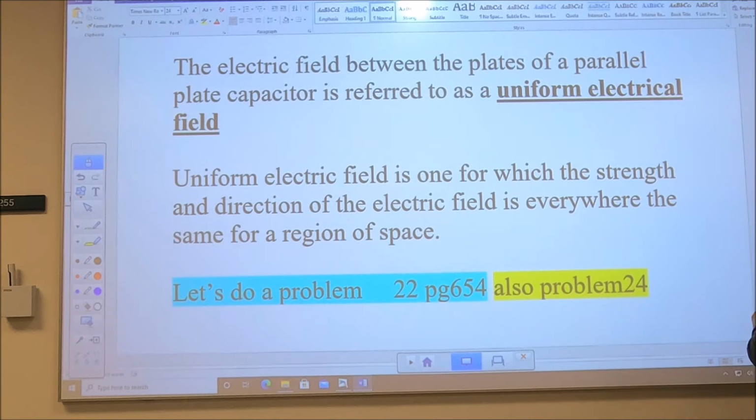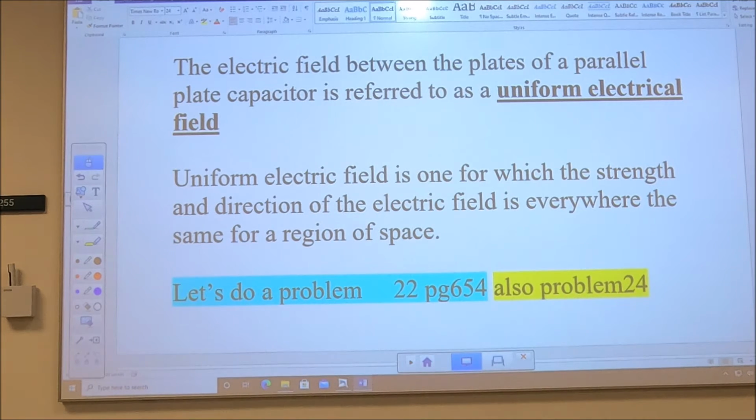Now, inside the parallel plate capacitor, we have a very interesting electric field. It's called the uniform electric field because the strength and the direction of the electric field is everywhere the same in that region of space. We're going to look at two problems that have us calculating the electric field inside a parallel plate capacitor.